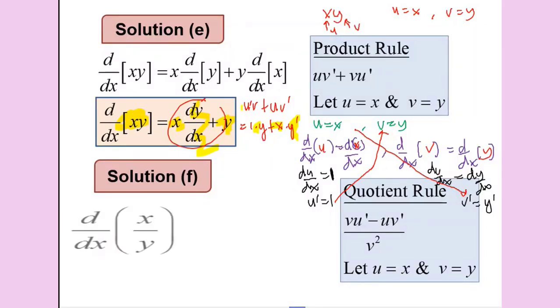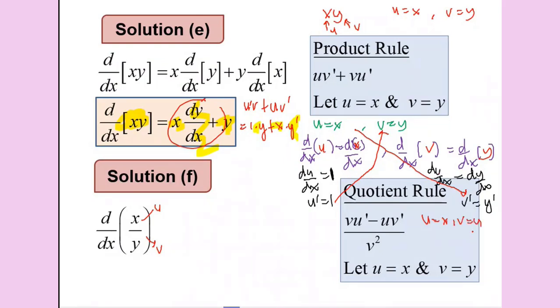So for f ini, okay, so ini this one is u v, sini u equals x, v is equal to y. So u prime 1, okay, ni 1, v prime equals y prime. Senang. Atau follow all the steps. And then product rule. Okay, ni this is product rule.